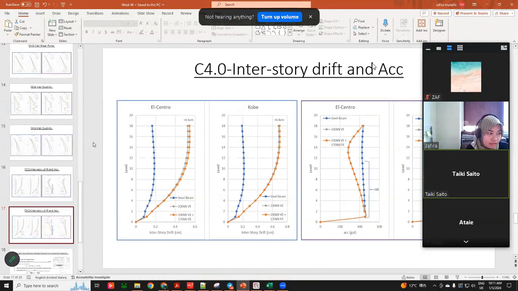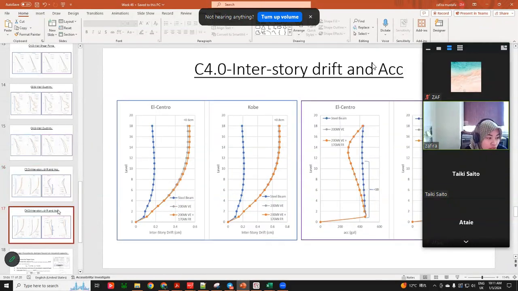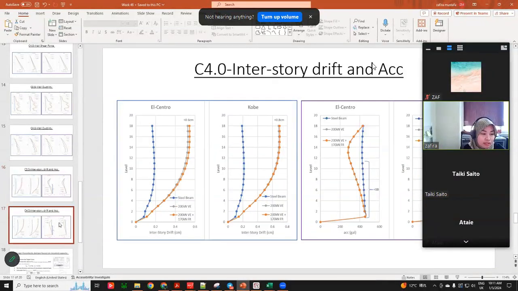Could you show me story drift of short beam? This is short beam, and the story drift is 4 centimeter, El Centro. This is the longer beam, about 10% longer.